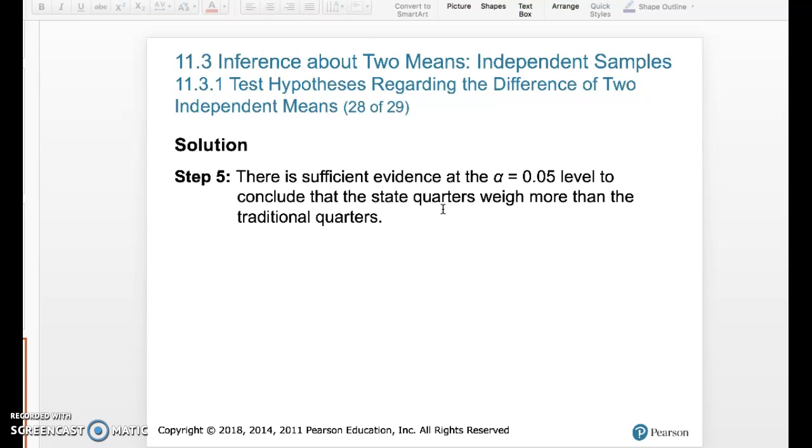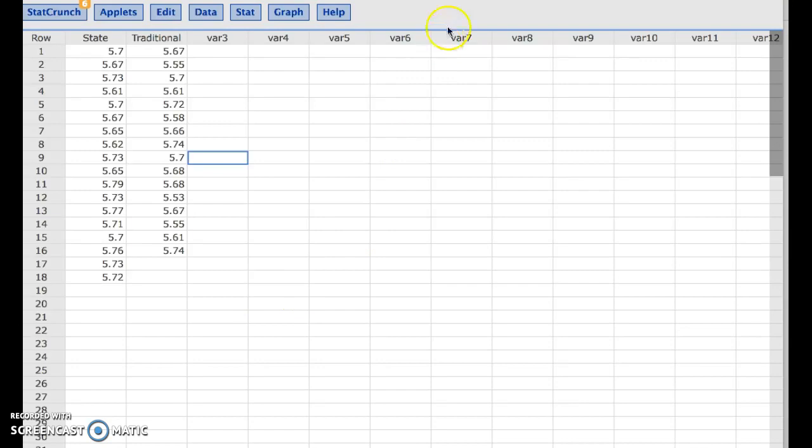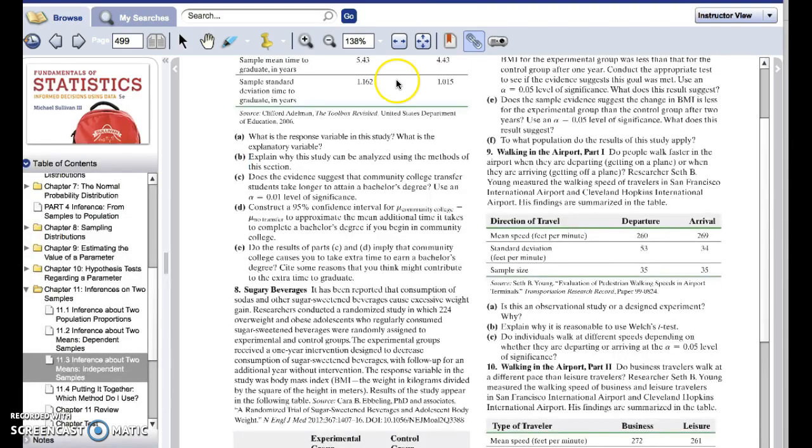So the last thing I want to show you is just a quick contrast on the with summary option. If we go to our ebook in section 11.3, this is on page 499, examples like number 9, we have a summary. So this one is looking at how fast people walk in the airport, whether they're getting on the plane or getting off.